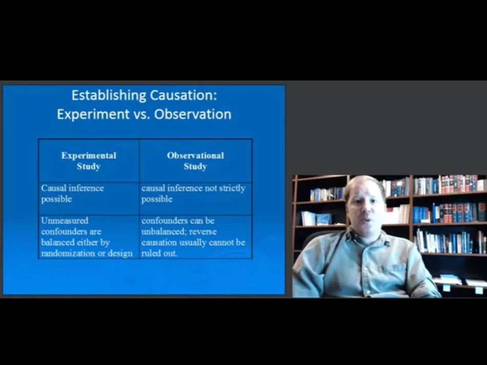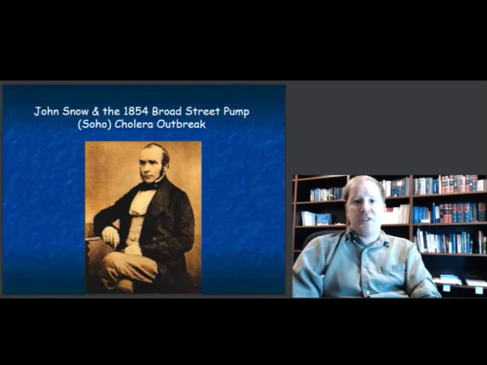Here in this case, we're going to talk about the instance of John Snow, a British scientist who was at the heart of the solution to the 1854 Broad Street Pump cholera outbreak in London, England. What John Snow did was nothing short of remarkable, but he relied on observational science mostly to come to his results.